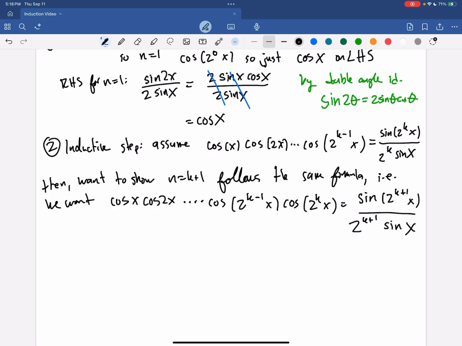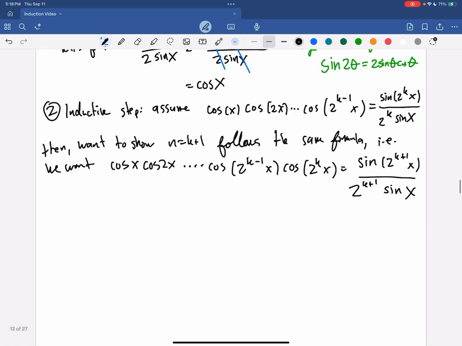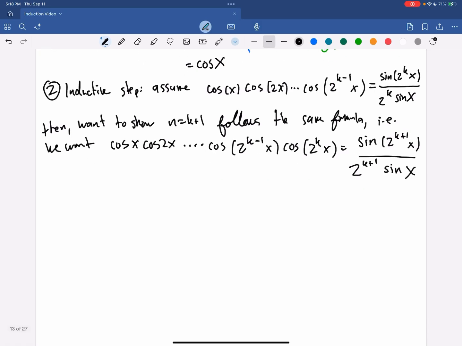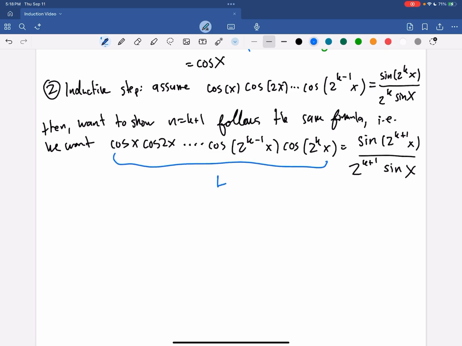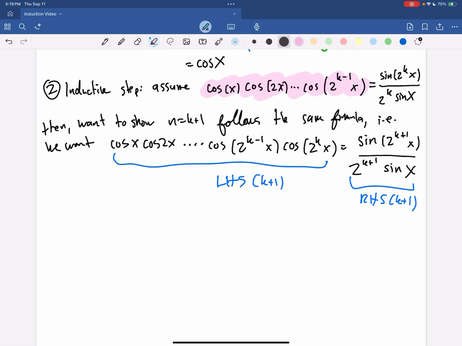Okay, so now what we'll do is, actually I've been really liking this labeling. Let's call this left-hand side for k plus 1 and right-hand side for k plus 1. Okay, then we also can see that a bunch of these factors match up.